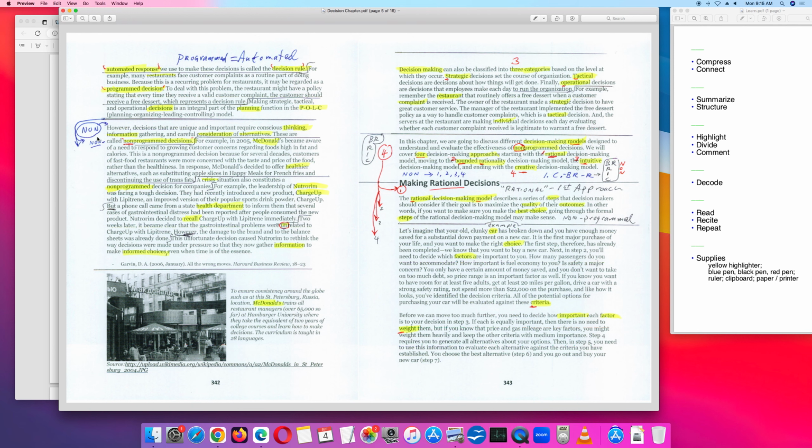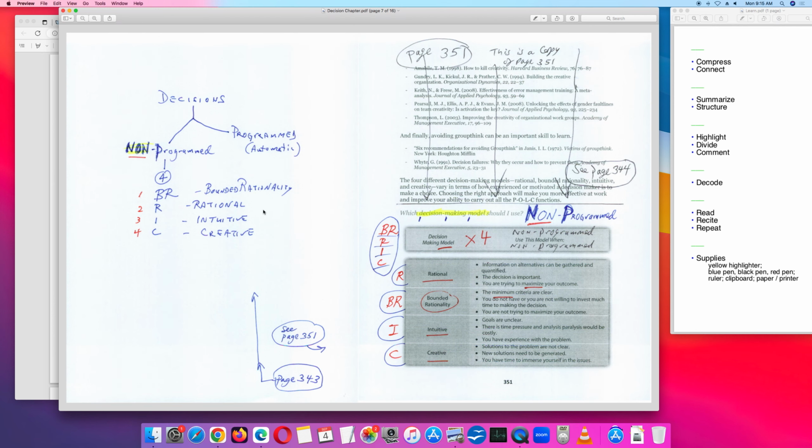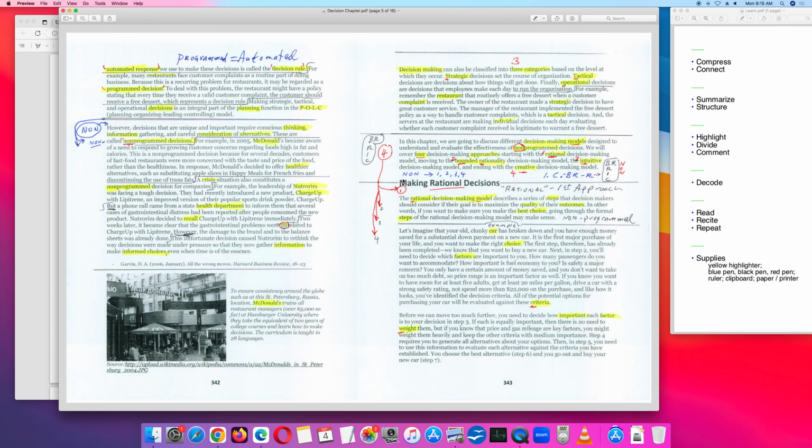Next, in this category of non-programmed decisions, there are 4 approaches or models. BRIC. Once I had this structure, I was like, well, now this chapter makes sense. So this was a good chapter for me to demonstrate because it was actually not written well. The text is not organized.